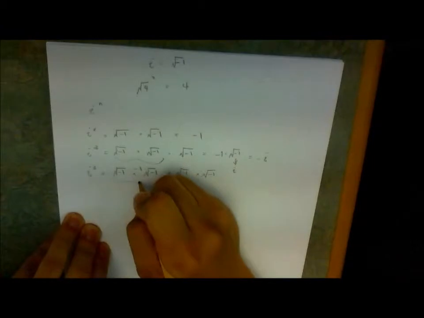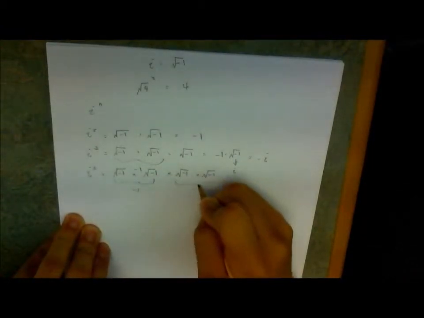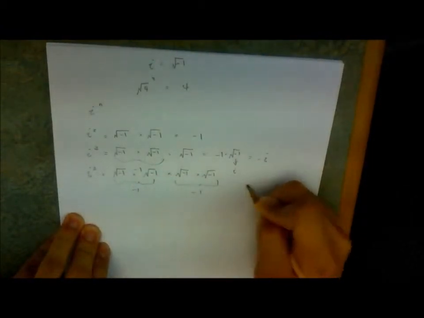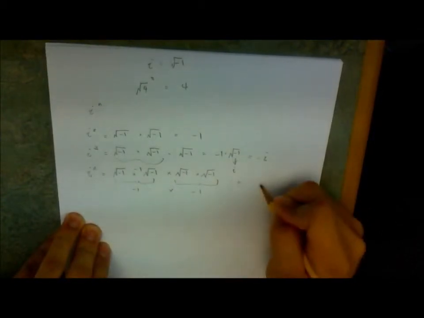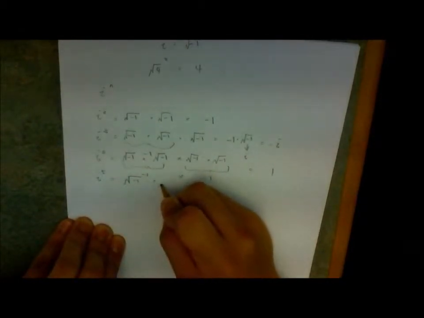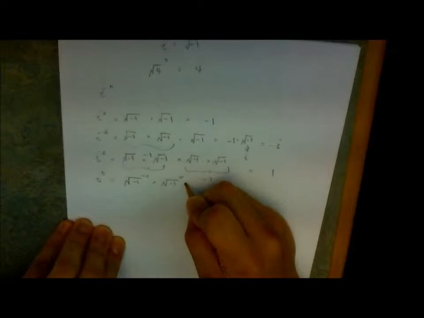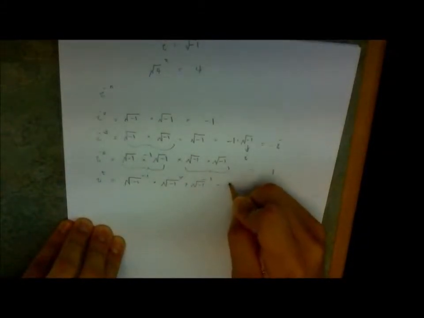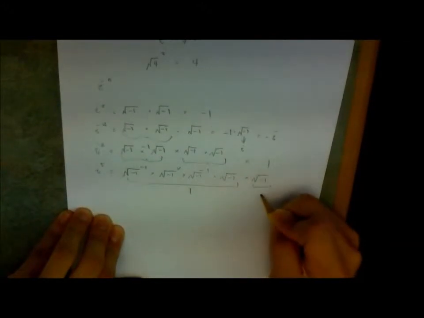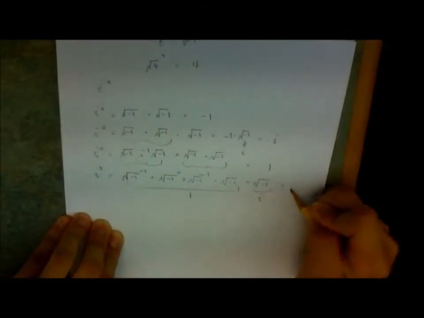Now this is -1 times -1, so that's just very simple math. It's 1. Then i to the 5th. Now these will give us 1, and this will give us i. So we go back to i.